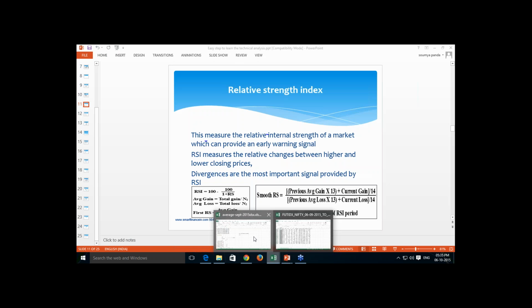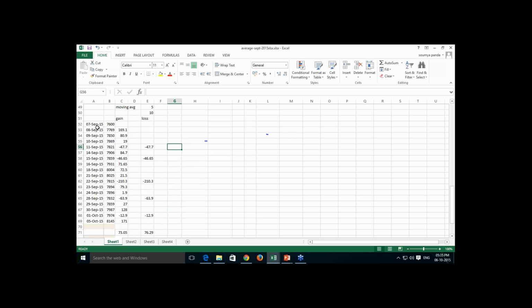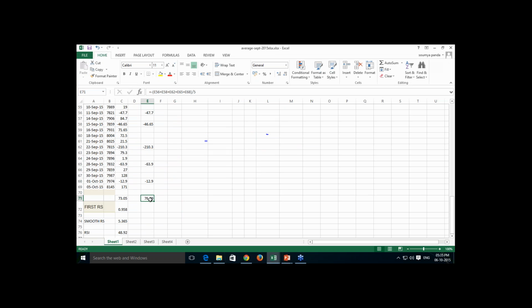So how do we calculate here? I have taken the gains from 7th to 5th October. Wherever it has given a gain, how many points gain it has given in the Nifty, I have plotted. How many loss points it has given, that also I have plotted. Then we have to find the average. So with average loss 76 points and average gain 73 points, I have to find the RS.